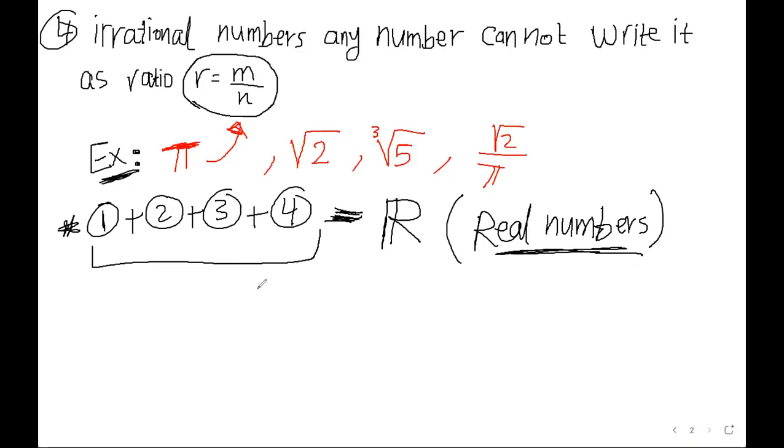So I'm going to draw a diagram showing what the real numbers look like, using this set of numbers: the rational, integer, and all of them. So far, is it clear? Any question before I go to the next slide?